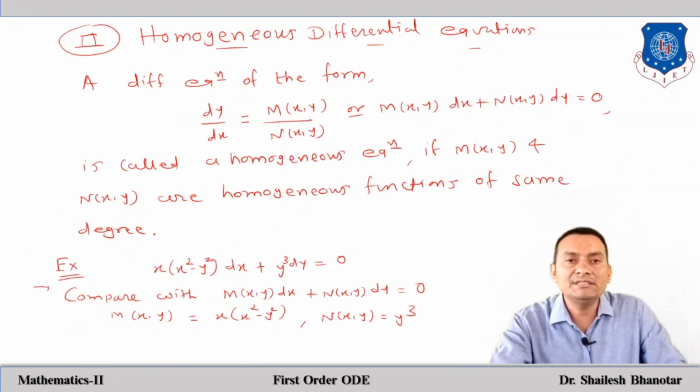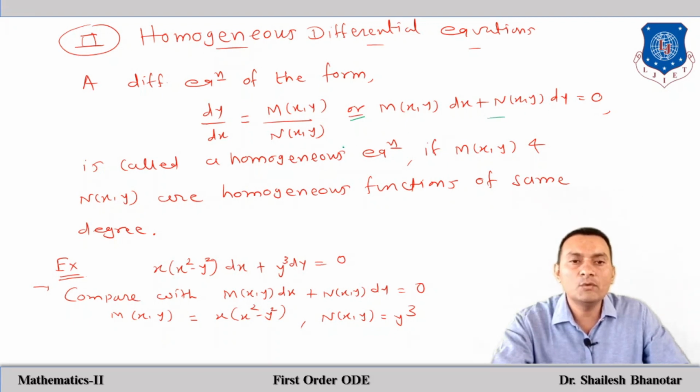Next, the homogeneous differential equation. Let us first understand what I mean by a homogeneous equation. This is the general form: dy by dx is equal to m of xy divided by n of xy. This form can also be written as m of xy dx plus n of xy dy is equal to 0.